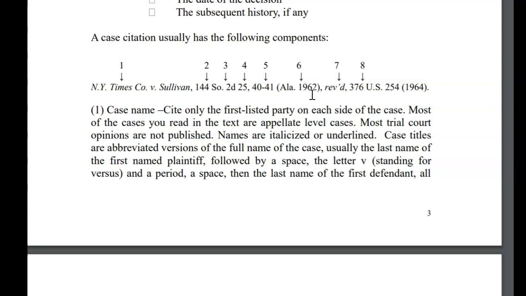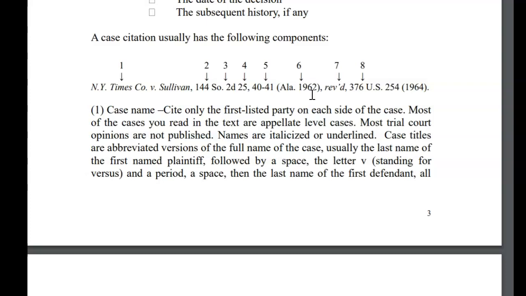And the only type of cases that are reported in this set are going to be, again, your United States Supreme Court decisions. However, most sets contain cases from multiple jurisdictions, and one must include the court abbreviation to help the reader determine whether the case is going to be mandatory authority.